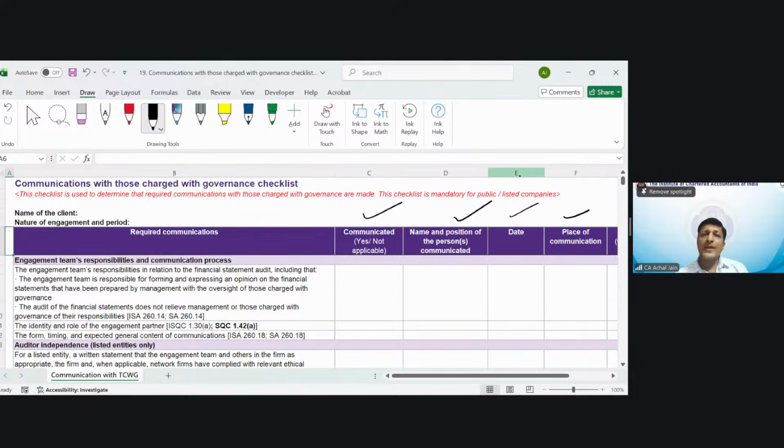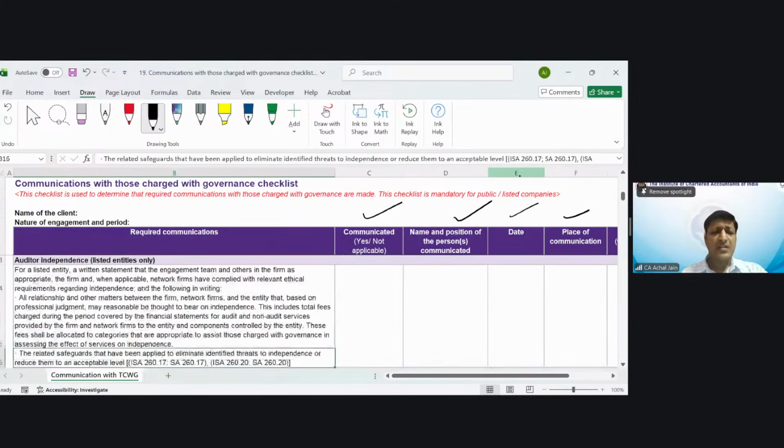Is that required to be documented? Answer is yes. So how do you really document that? That can be a matter of consideration for the auditor, because if you don't document it appropriately, the way it's required to be done, it can have a huge impact. That's why it's an important consideration on the part of the auditors, and each and everything will be specified.